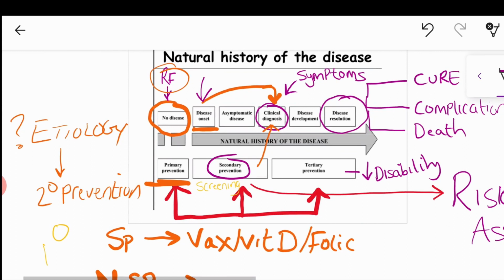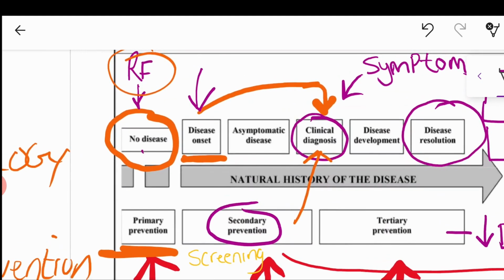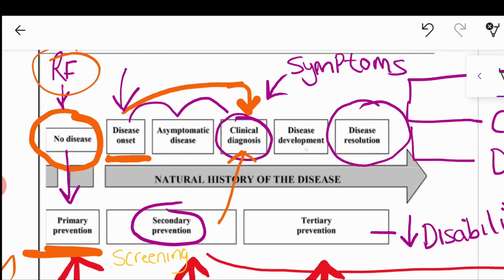Now, if we focus on these stages up here, no disease is primary prevention. Disease onset is when you get the disease. The asymptomatic period is like your incubation period. Clinical diagnosis is the end of secondary prevention, in which you have been diagnosed. Then disease development is when the disease is progressing.